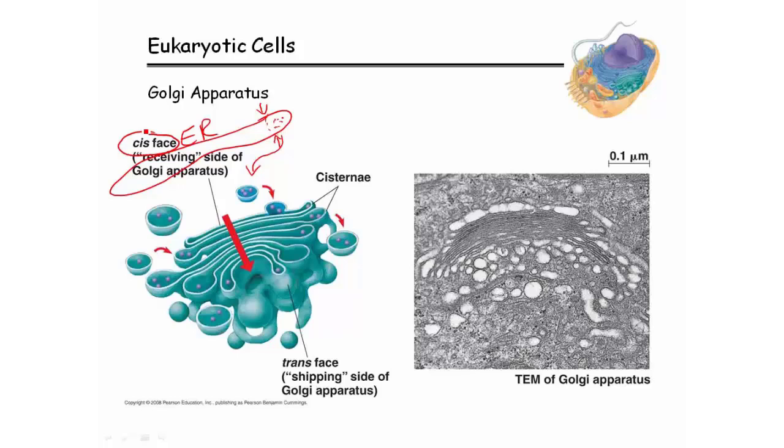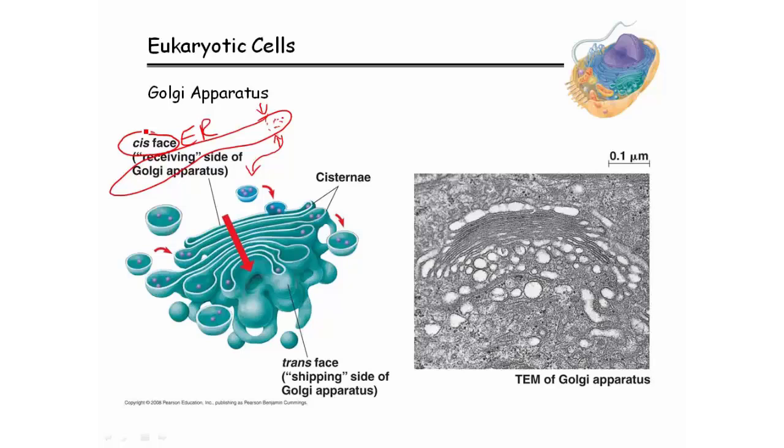When that vesicle fuses with the Golgi apparatus, the cargo will then be dumped into the Golgi, which can then modify that cargo. That modification may be taking the protein that was made in the ER, taking the sugars that were made in the ER, and simply attaching them together. There's lots of different modifications that can take place, and by the time the cargo gets to the other side of the Golgi apparatus, it will be ready to go.